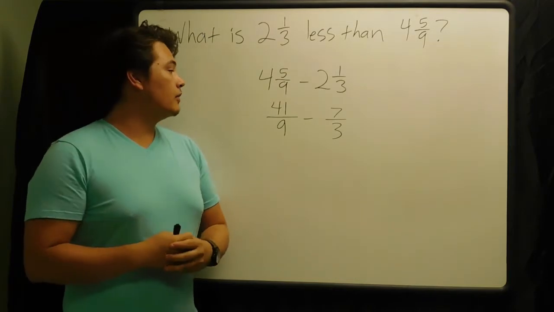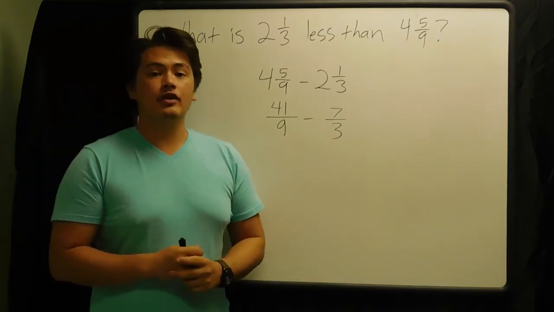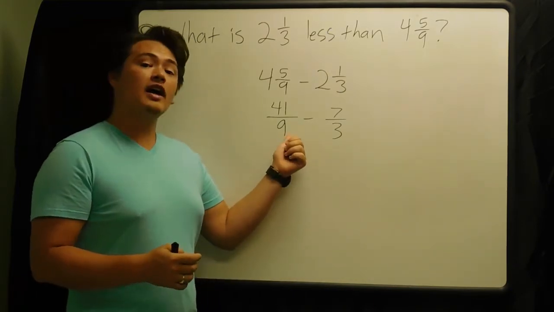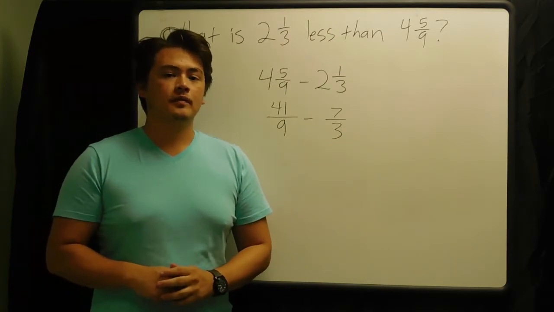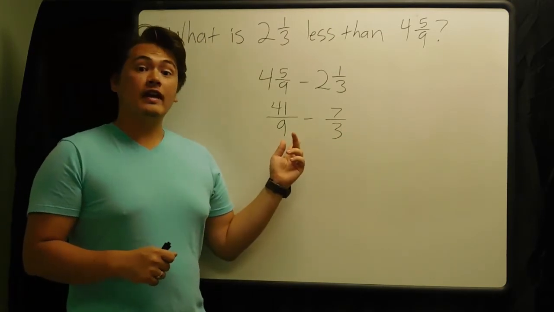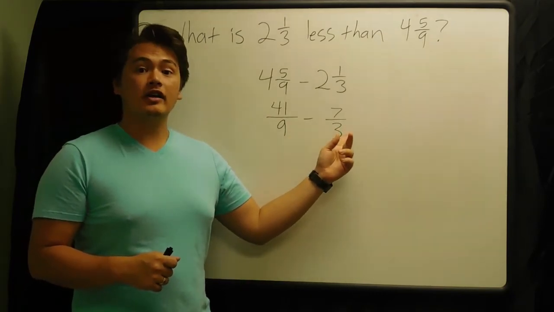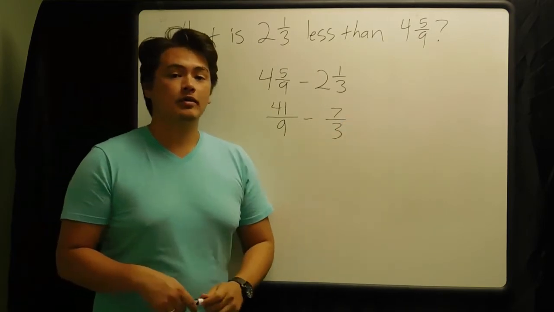So then from here, I'm going to find the common denominator between these two numbers. The common denominator is going to be 9, because 9 can go into 9, and 3 can go into 9. So this one is just going to stay the same, but I need to multiply this by 3 to make it a 9. And whatever I do at the bottom, I also have to do at the top.